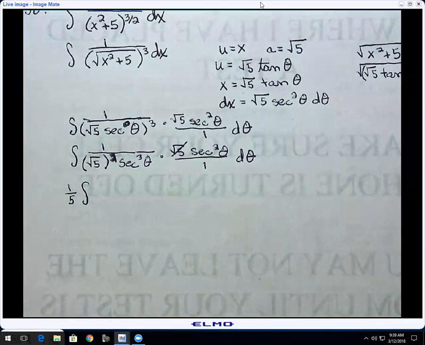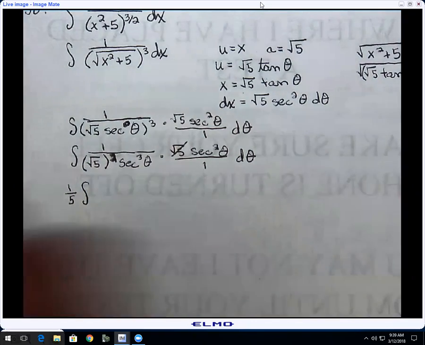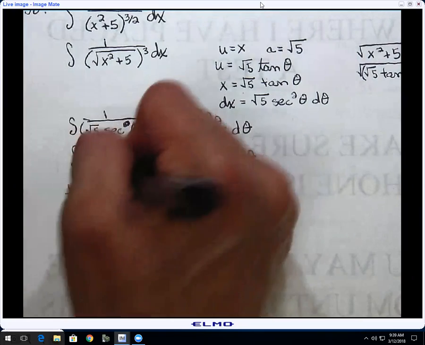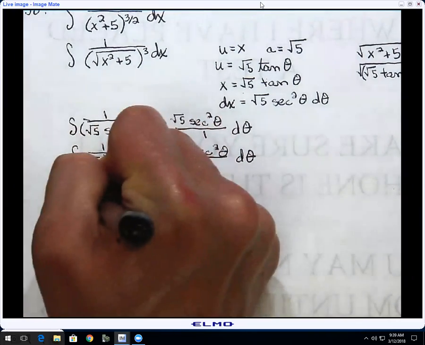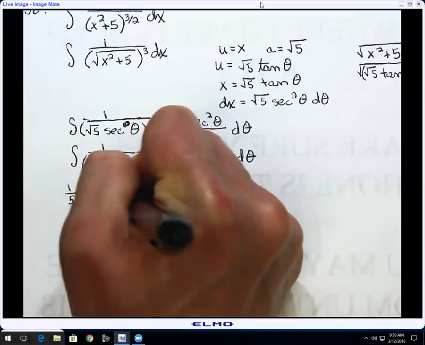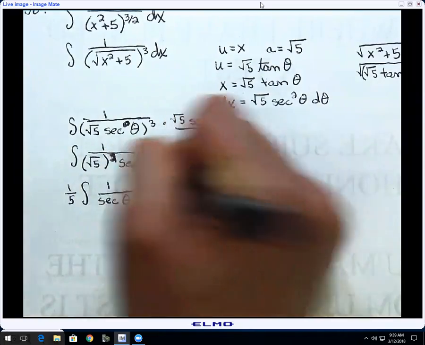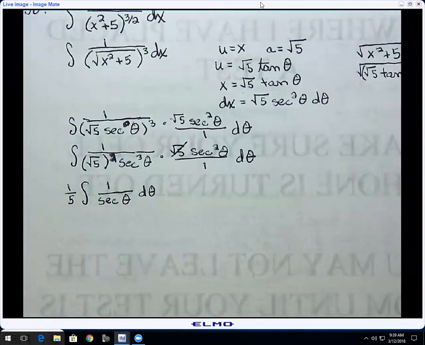And what about when I clean up my secants? One over secant theta d theta. All right. So far, so good.